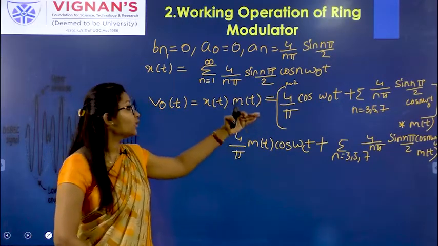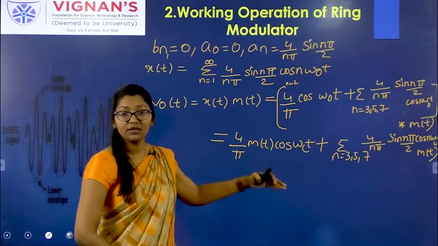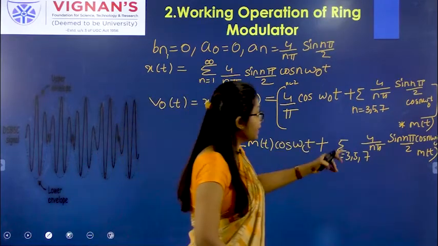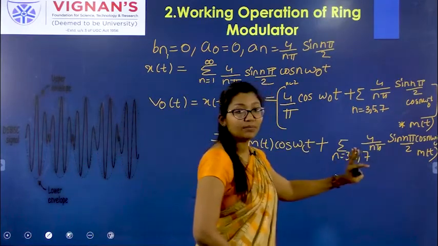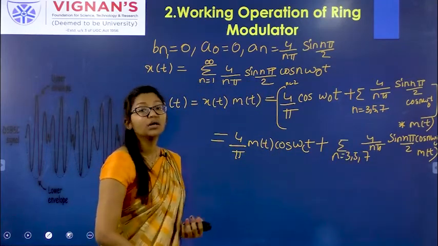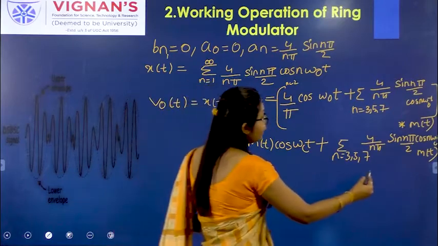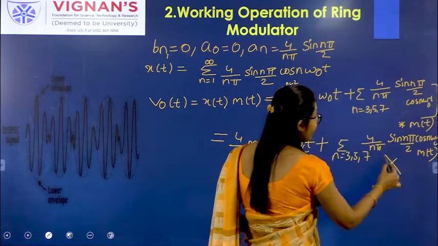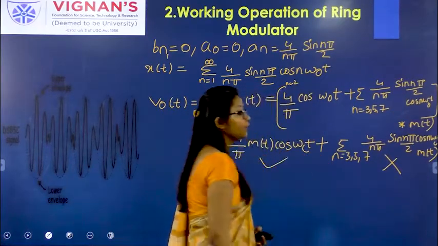I am representing omega naught as omega c because it is the carrier, plus sigma n equal to 3, 5, 7 terms. From this output, if you pass it through a band pass filter, these terms will be eliminated and only this signal will be passed.